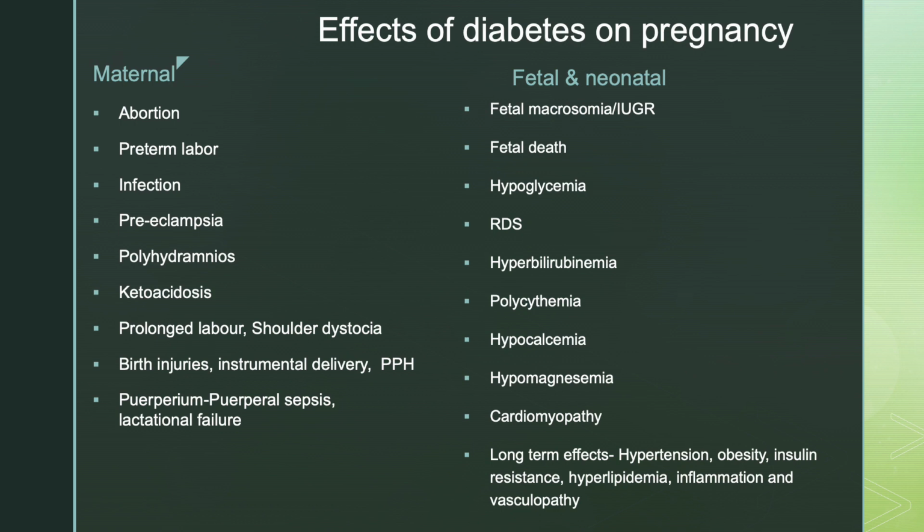There is more chance of antepartum hemorrhage due to placenta previa because there is an increase in the size of the placenta, which may encroach on the lower segment, resulting in an increased incidence of placenta previa also. So both types of antepartum hemorrhage can occur more in a diabetic woman compared to a normoglycemic woman.